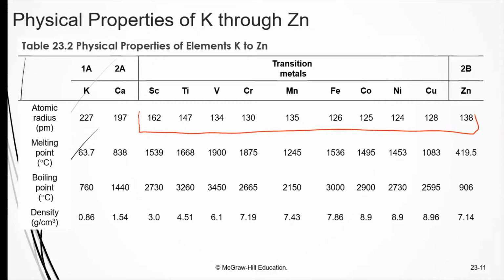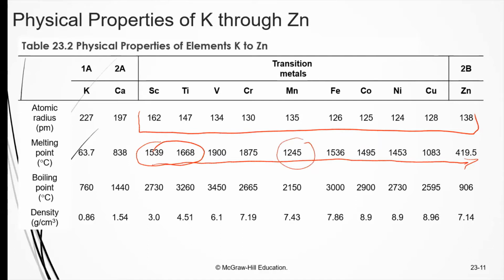Their second ionization energy, or their physical trends, do get some fluctuations. Typically, we see our melting points actually decrease as we go to the right-hand side. Scandium and titanium are 2 exceptions kind of in that group, as well as manganese.